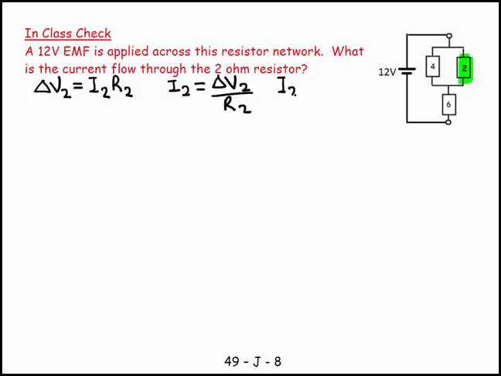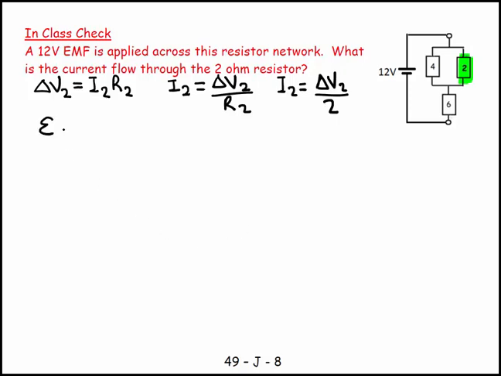So I2 is equal to delta V2 over 2, because I know the value of that 2. But I don't know the value of delta V2. I don't know the voltage across it. So I can turn around and say, oh, hold on.